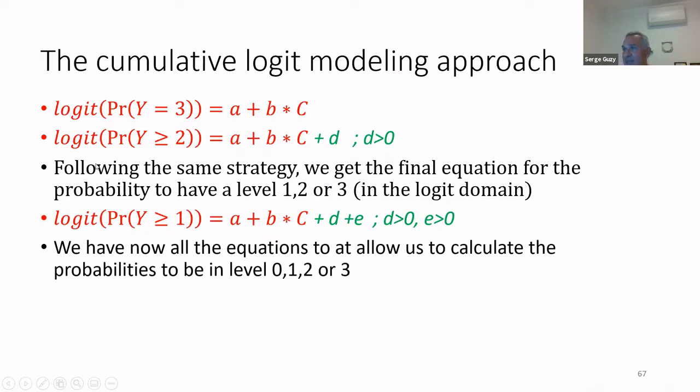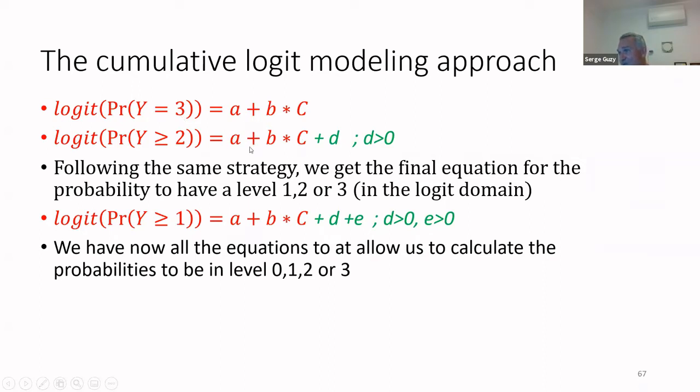In other words, when I'm writing the probability to get 2 or 3 in the logit domain equal to what I had for the probability to be in level 3, but adding a positive number D, I'm sure that this probability, which is a cumulative probability, will be larger than the probability that I just defined before, which is exactly what I need, because the probability to get level 2 or 3 must be larger than the probability to get level 3.